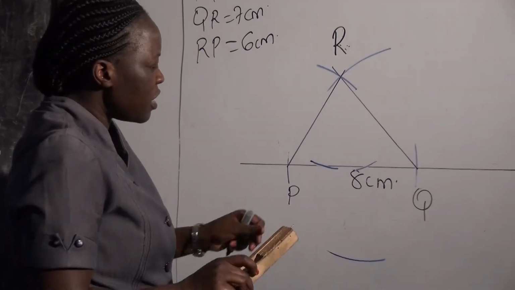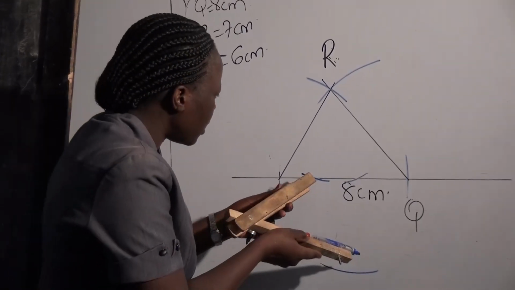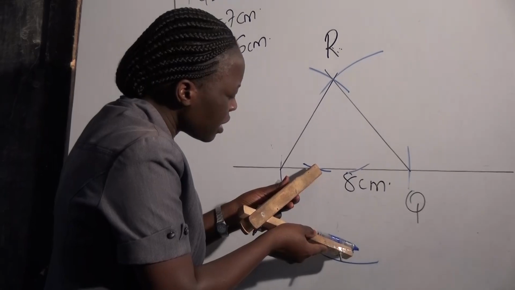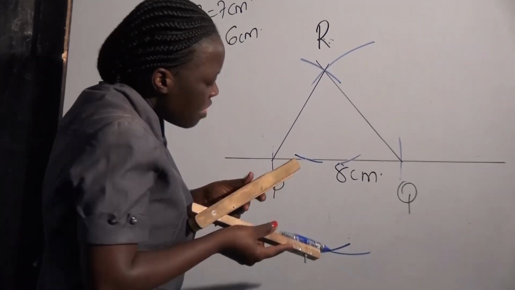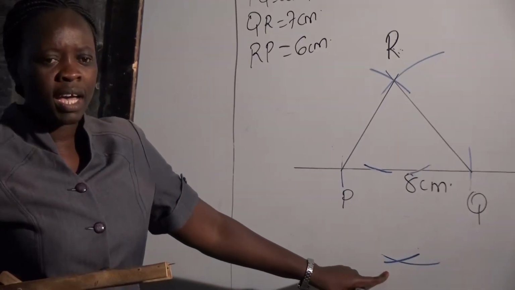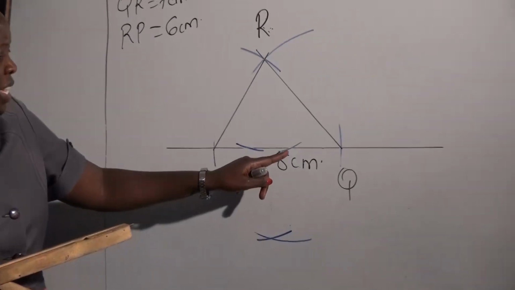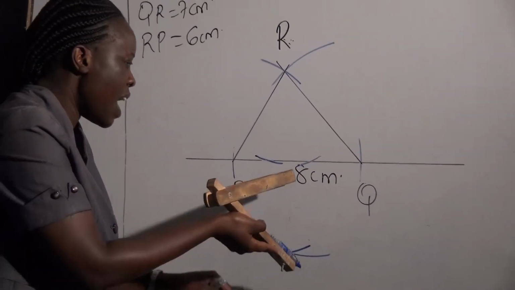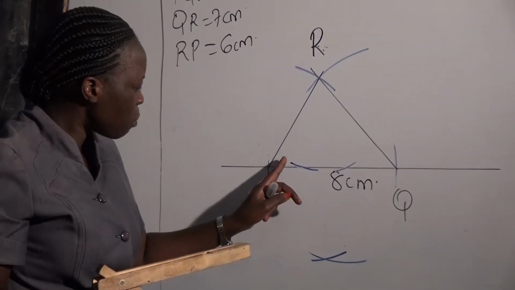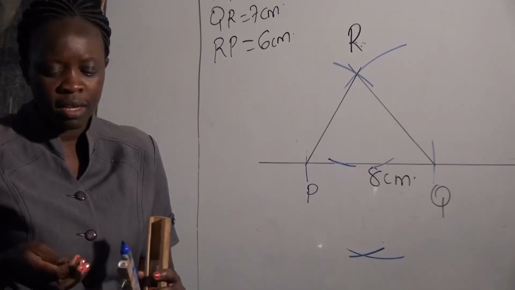Then again stand on this other arc, the same, without interfering with the radius of your pair of compass when making the next one. So stand there and then make another arc down there. So remember, we are standing at the point of intersection of PQ and the arc to make the arc down. Point of intersection PQ and this arc, and make the other arc down.